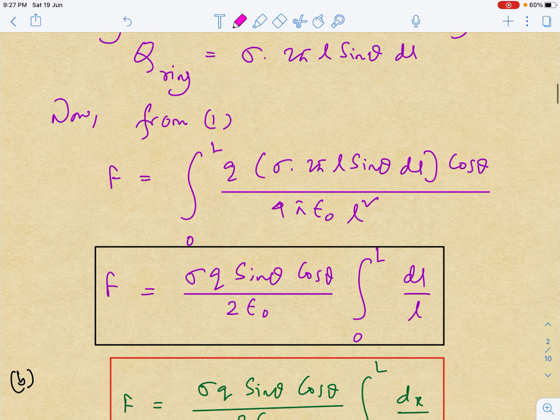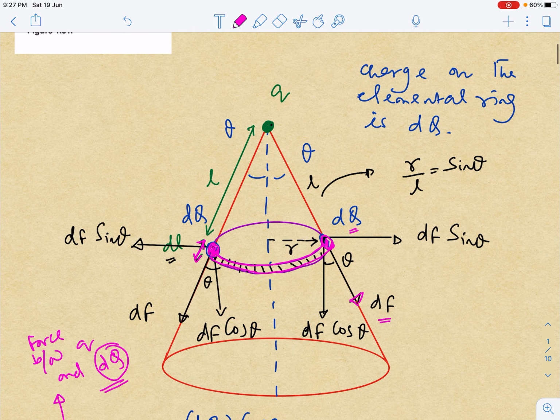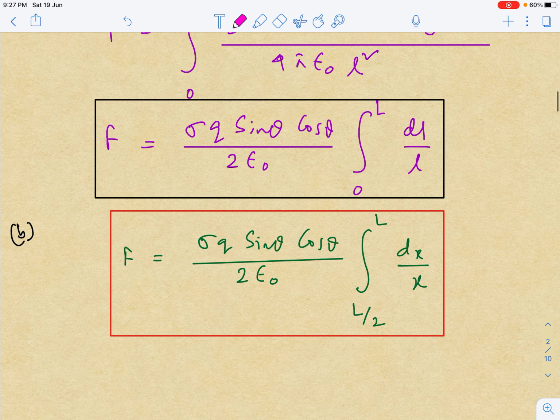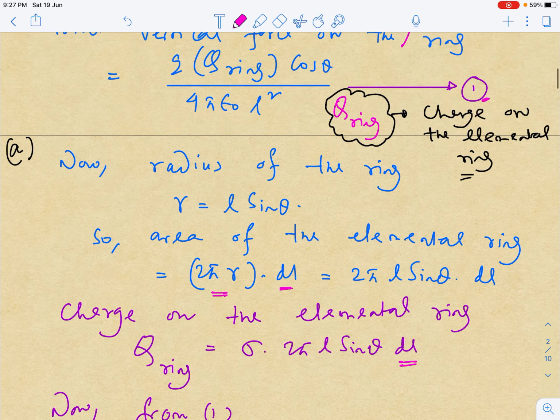After substitution of Q ring, I have to integrate. The integration is over dl, that is the slant length. If I take the total length to be capital L from here to here, then the integration will be from 0 to capital L, and the integrand is dl by L. So it's a very simple integration that you can do. It is not of much headache. I hope you have understood.